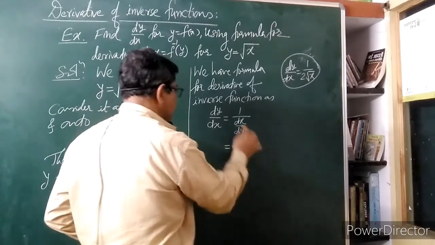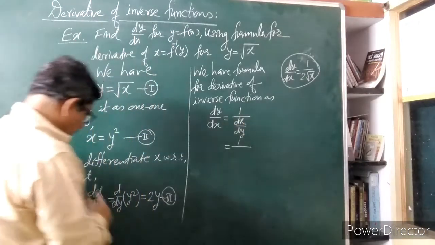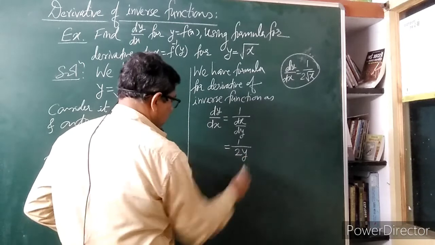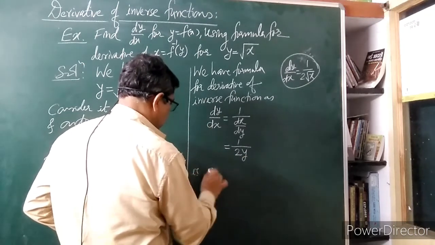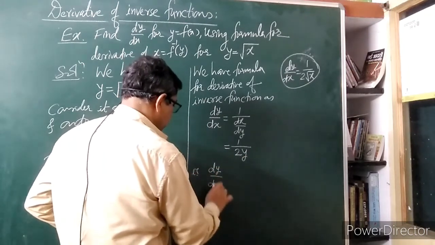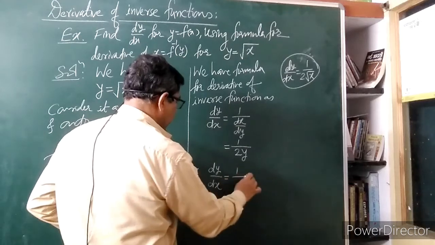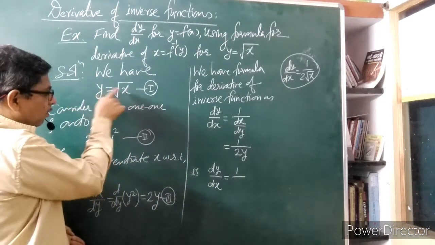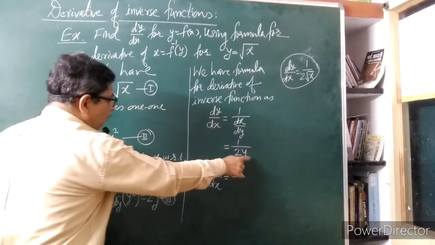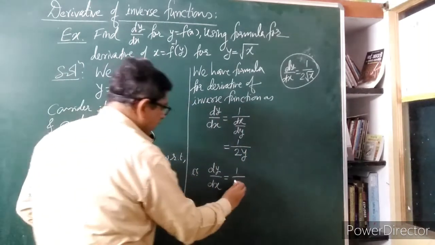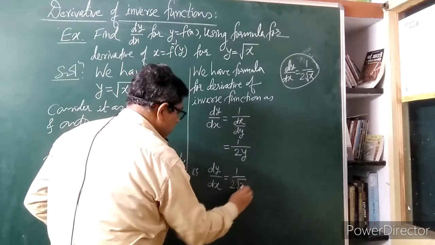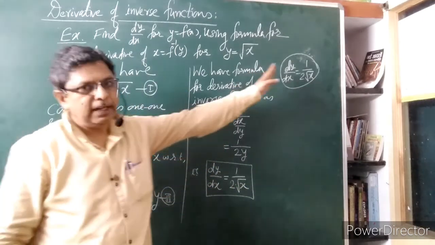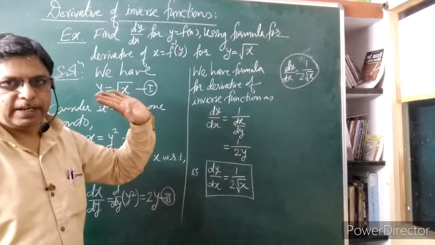It is equal to 1 upon, and see the value of dx by dy we have just obtained is 2y. That is dy by dx is equal to 1 upon 2y. Now see, y is a function of x, so dy by dx must be in the form of x. So we can replace the value of y by root x, and we are getting the answer 1 upon 2 into root x. And see, this is the answer. Already we knew that, so we have verified it.